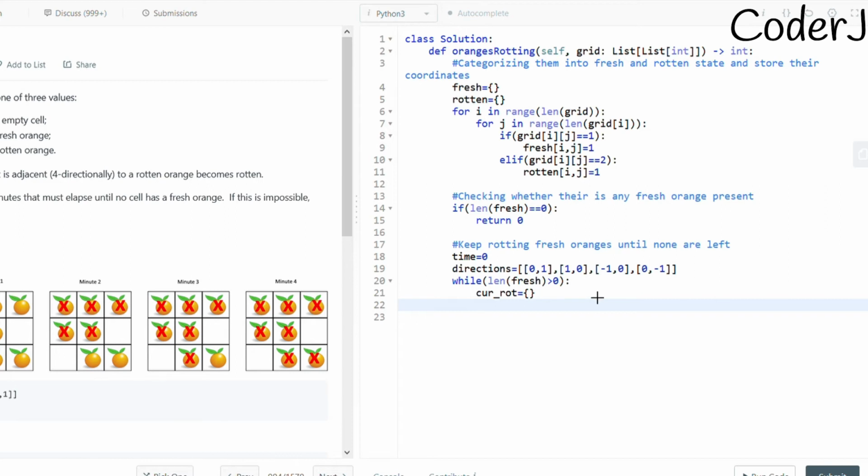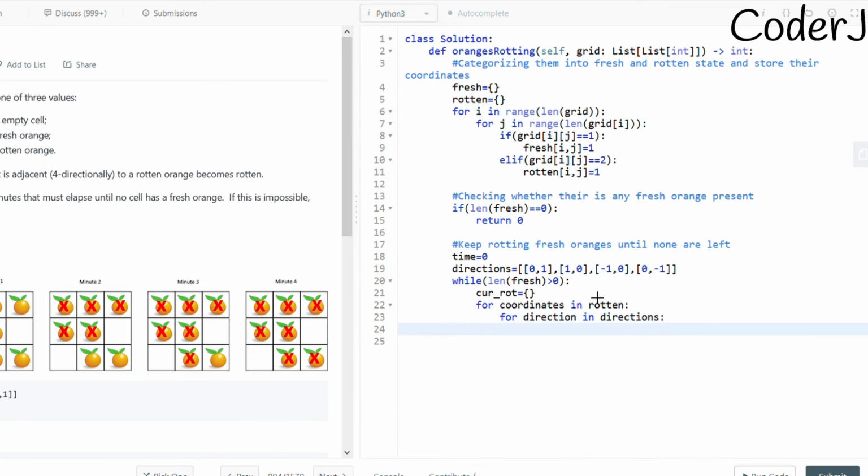So yeah, now let's say for coordinates in rotten. Now what I'll do is get the coordinates of the rotten oranges, since I have to convert the neighbors of all the rotten oranges into rotten state. So what I'm doing is I just take the coordinate of the first rotten orange, and then I move to all of its directions, for direction in directions.